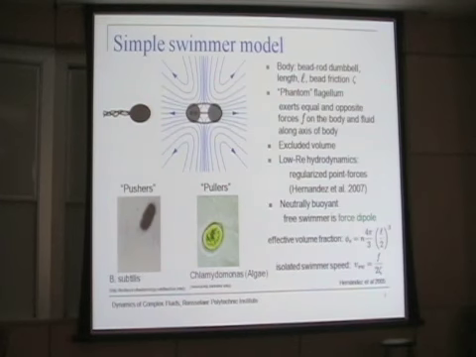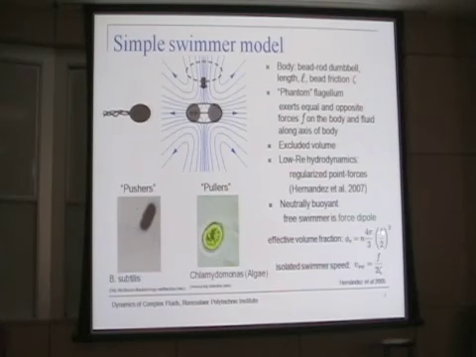Then, similar to what we saw earlier, if you have another organism over to the side, it will be ejected towards or attracted to this other organism. And so we put a lot of these organisms into some domain and follow their motion.